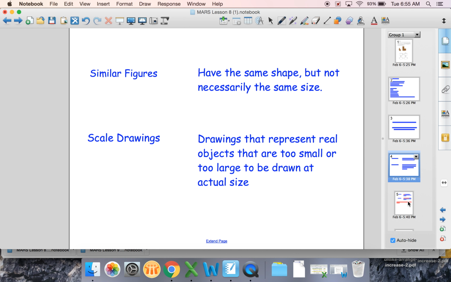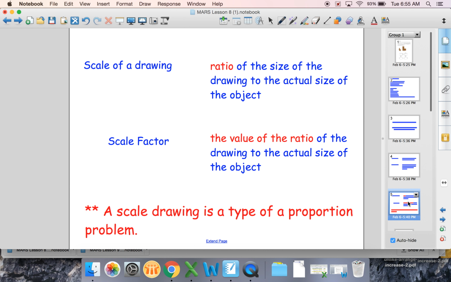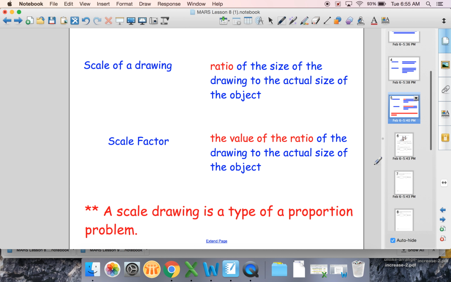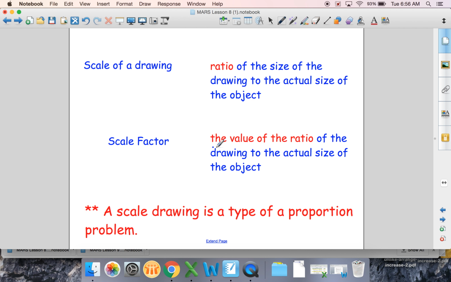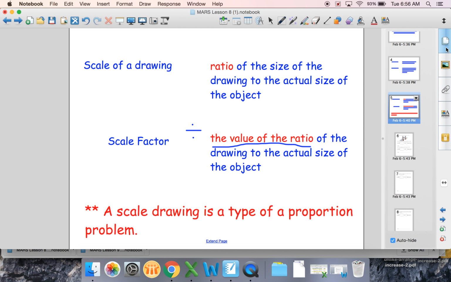Think about maps. The scale of a drawing is a ratio of the size of the drawing to the actual size of the object. So you're comparing the size of the drawing to the actual size. And the scale factor is the value of the ratio. Remember that? The value of the ratio, so when you actually divide. Remember that a scale drawing is a type of proportion problem.